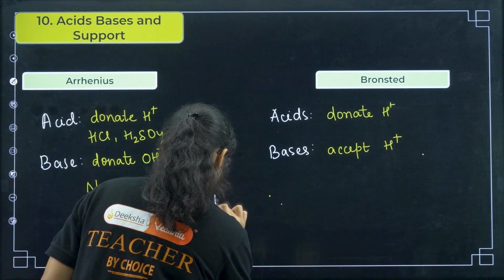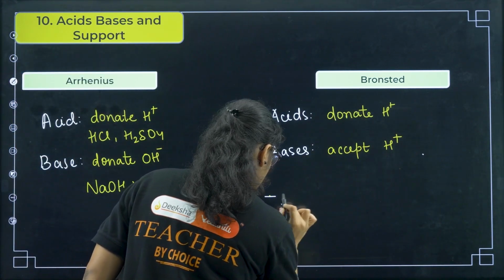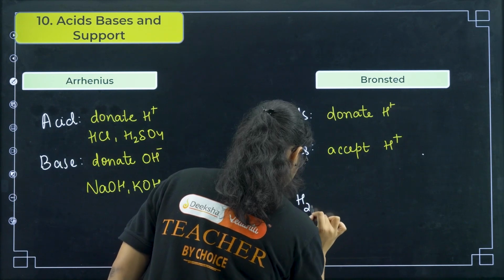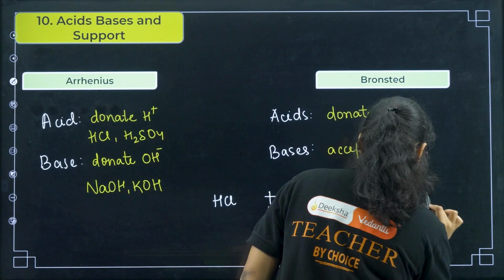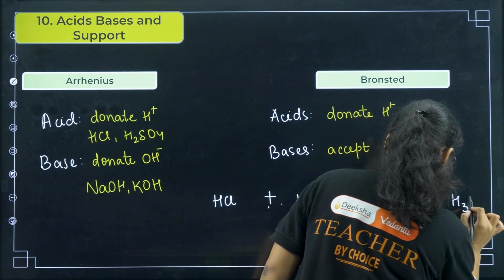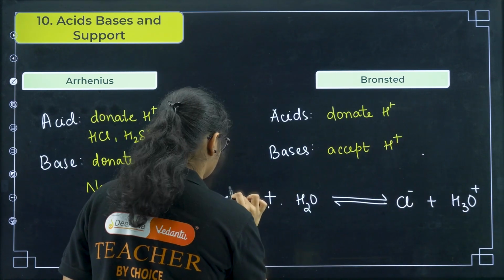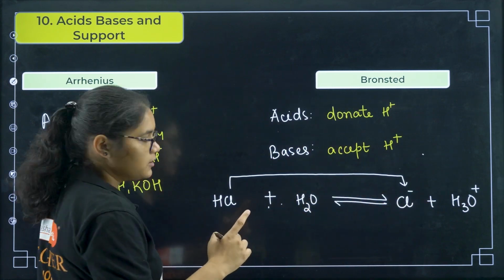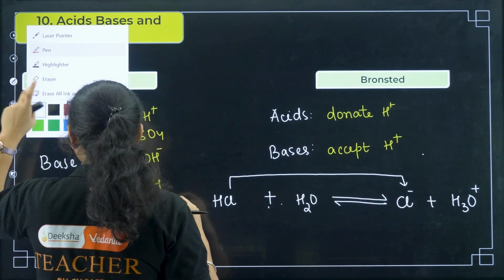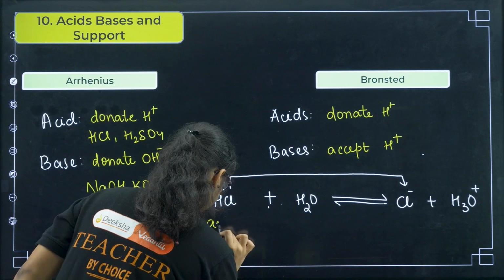So if I have HCl plus water, that gives you Cl minus plus H3O plus. As I told you, from HCl to Cl minus, there is a loss of proton, and because there is a loss of proton, this is an acid.